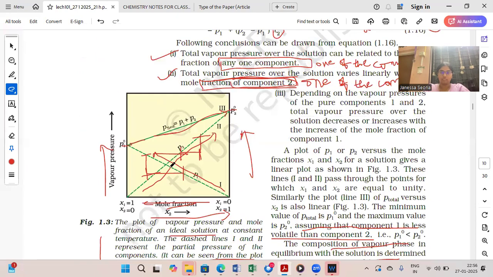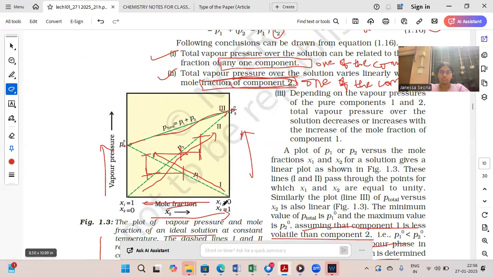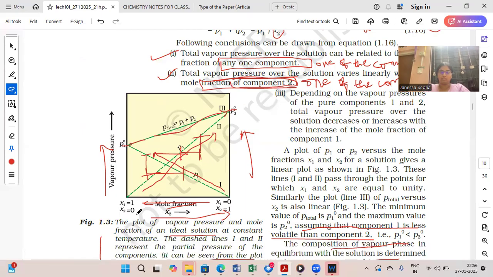We have seen this should be the trend. When you increase the mole fraction, the partial pressure increases. When you decrease the mole fraction, the partial pressure decreases, and the total vapor pressure of the solution either decreases or increases depending on the relative amounts of component A and component B that are present in the solution.